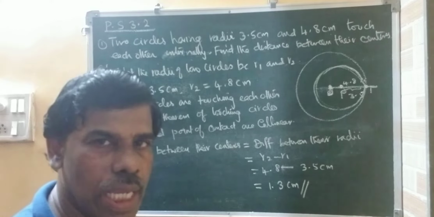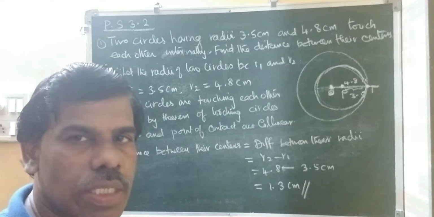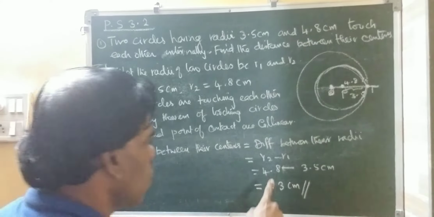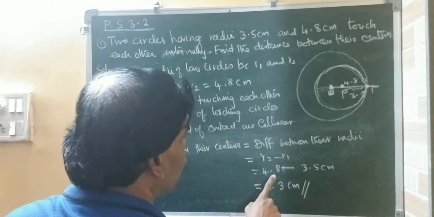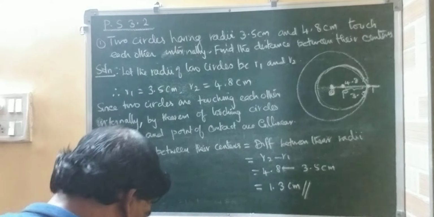What does the theorem say? If two circles touch internally, then the distance between their centers is nothing but the difference between their radii. So, for the bigger circle, radius 4.8 minus 3.5, which is equal to 1.3. Okay, this is very simple.